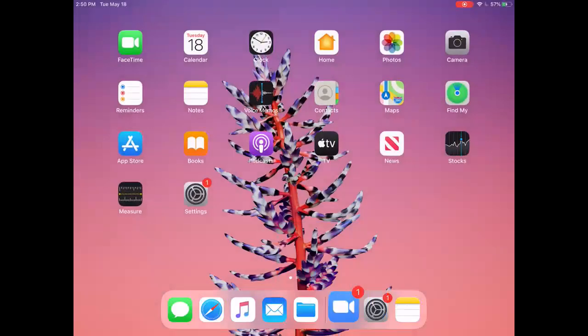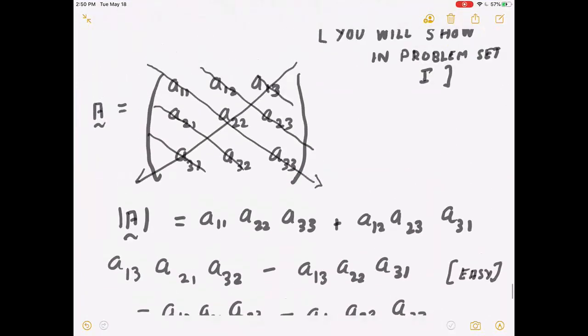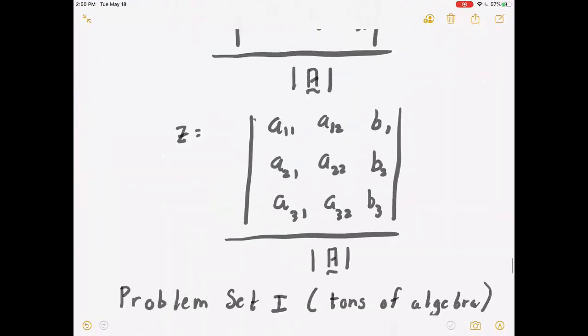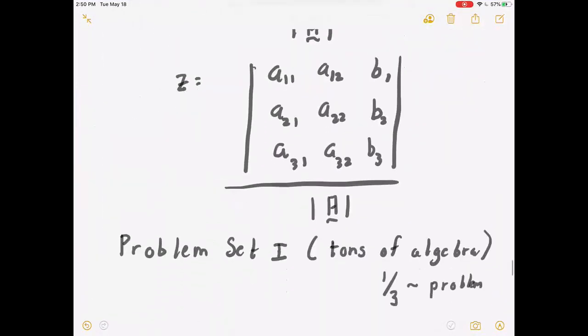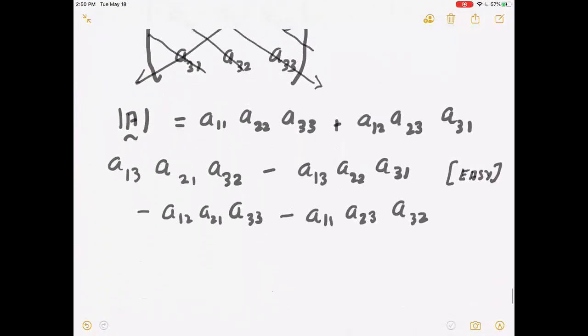Okay, so let's pick up from where we left off. So we now know how to set up Cramer's rule for a problem where you have 3 equations and 3 unknowns. And we also know 2 ways to determine the determinant, no pun intended, of a 3x3 matrix, one that has 3 rows and 3 columns.